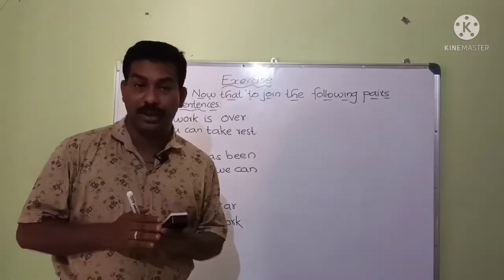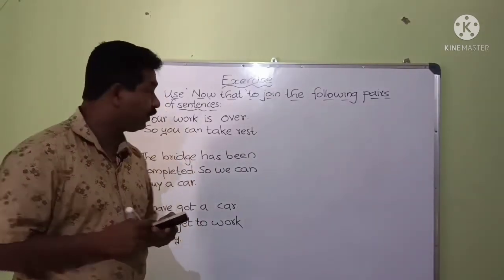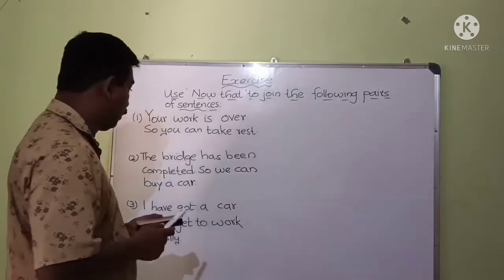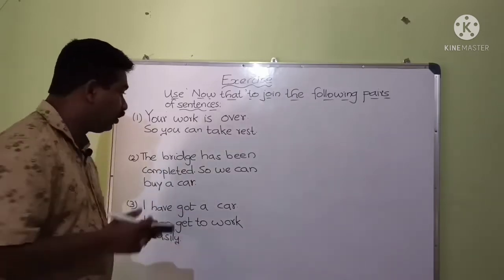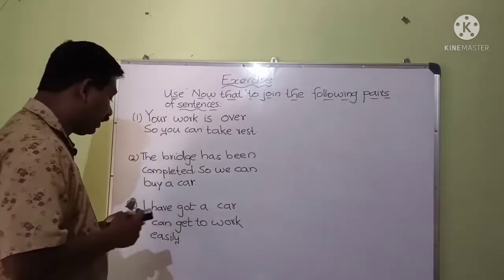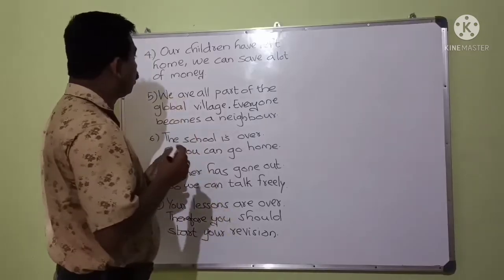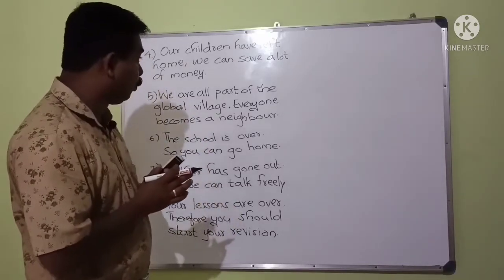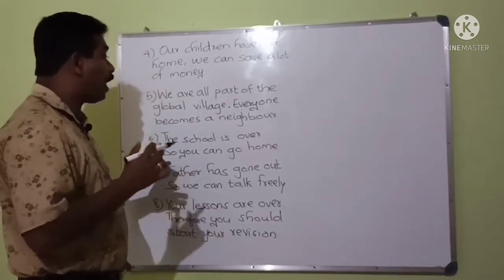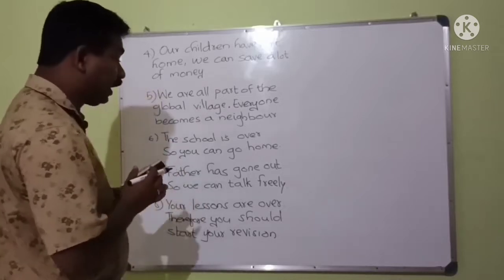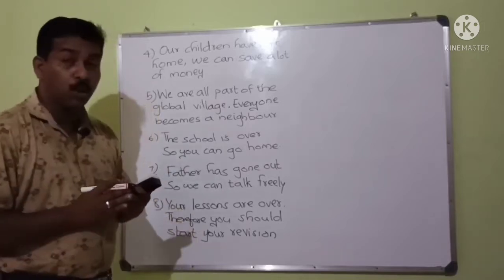We have an exercise here. Use "now that" to join the following pairs of sentences. First one, your work is over, so you can take rest. Second one, the bridge has been completed, so we can buy a car. Third one, I have got a car, I can get to work easily. The fourth one, our children have left home, we can save a lot of money. Fifth one, we are all part of the global village, everyone becomes a neighbor. Sixth one, the school is over, so you can go home.